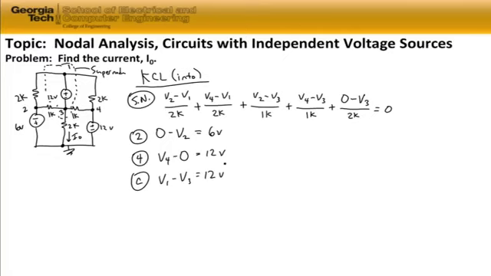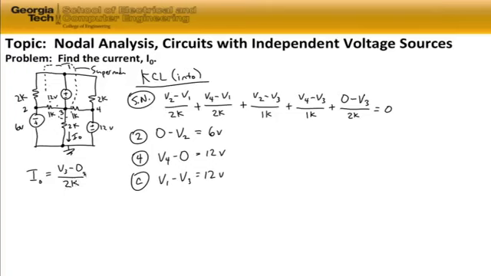Ultimately, what we're looking for in this problem is I sub 0. I sub 0 is related to V sub 3. If we were to write the equation for I sub 0, we see that I sub 0 is equal to V3 minus the ground voltage, so it's coming down from V3 to ground through the 2 kilo ohm resistor.